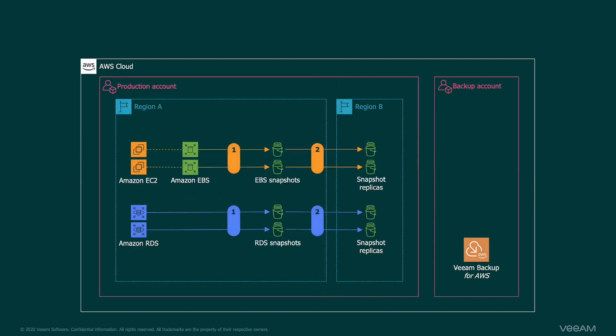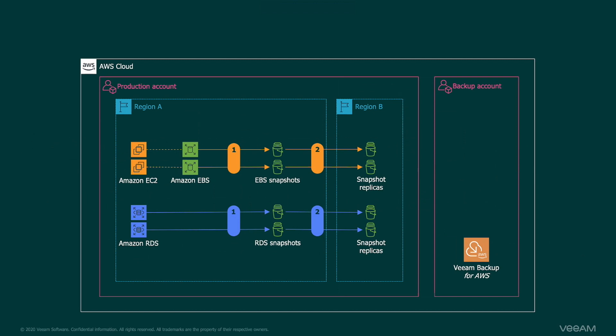When we look at things like availability zones, and this is the same across all the cloud platforms, we can do snapshot replication. In our production account, we can take our EC2 workloads and snapshots and replicate those snapshots to another region, or across AWS accounts as well. The same applies to RDS, so we protect not only EC2 instances but RDS databases too.